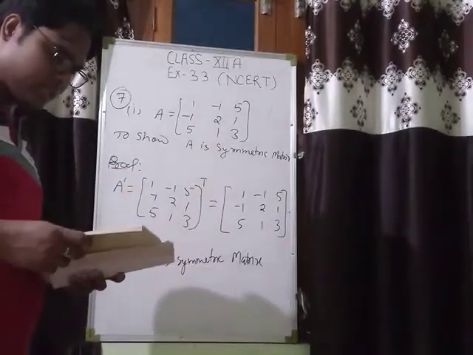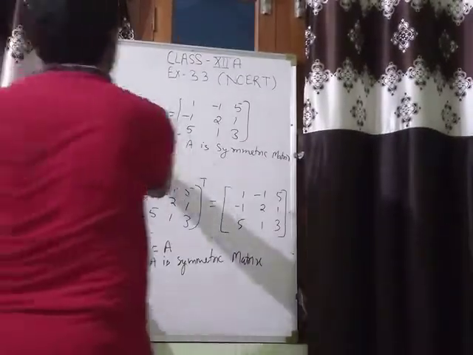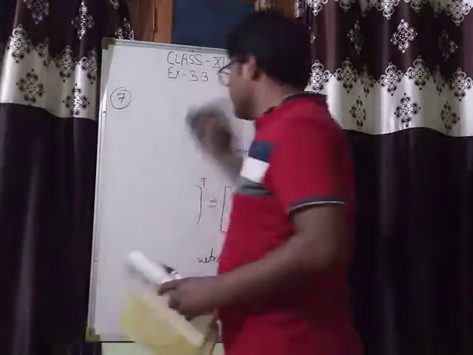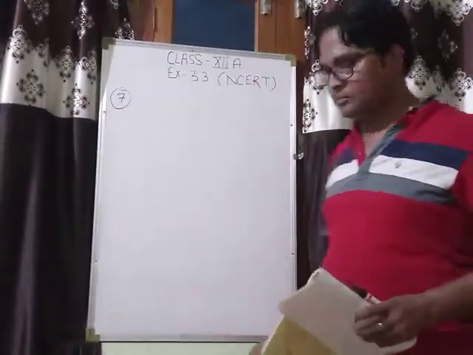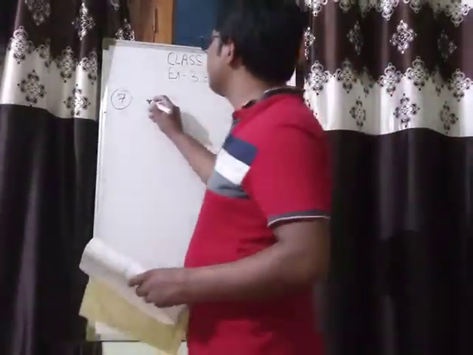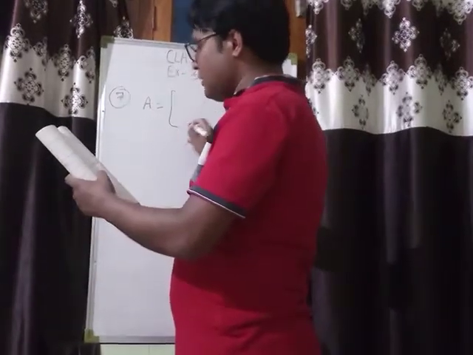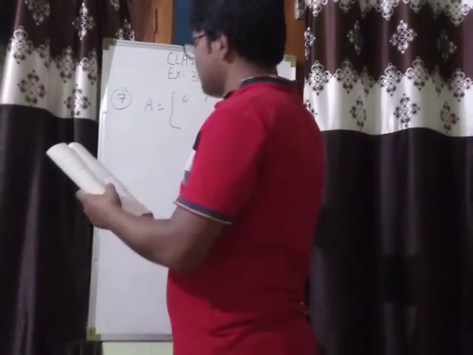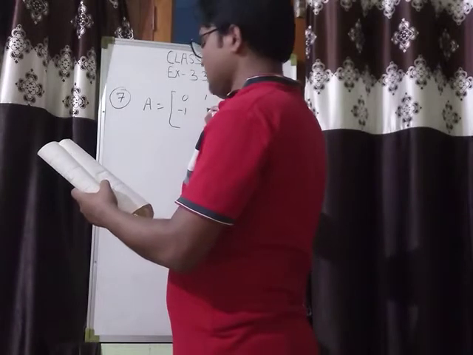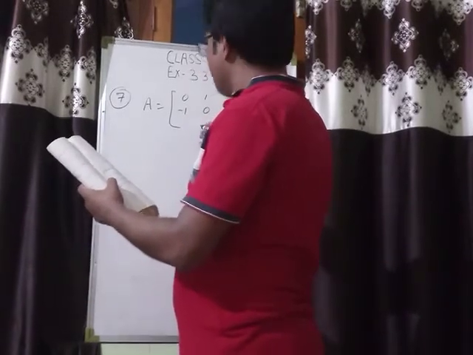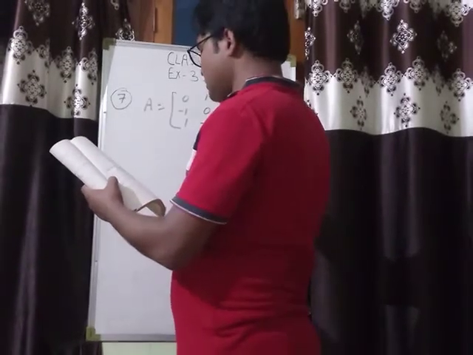Another matrix A is given here, that is 0, 1, minus 1, minus 1, 0, 1 and 1, minus 1, 0.